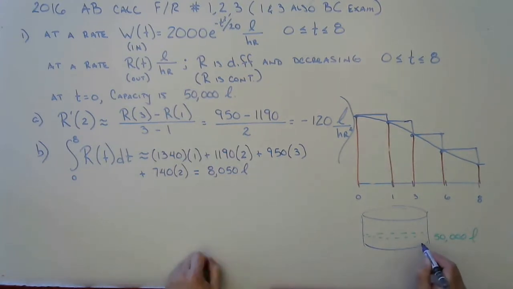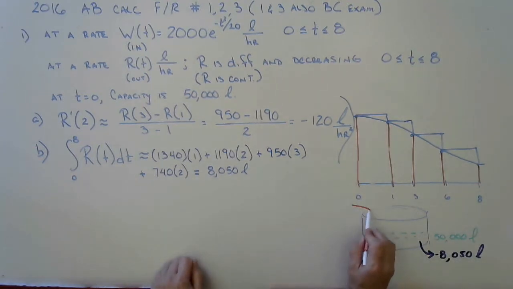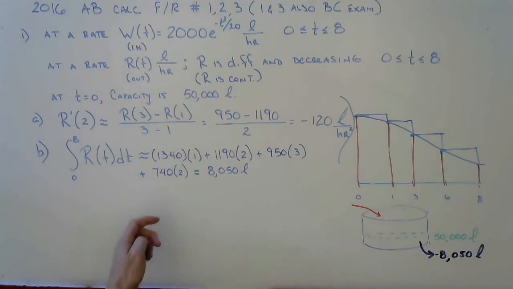Well, we know for a fact in those 8 hours, we've taken 8,050, that's our estimate, 8,050 liters of water out of the tank. So I'll write that as a negative. But water has also gone into the tank, right? We've also put water into the tank. There has been water going into the tank for the 8 hours, given to us by this function right here.